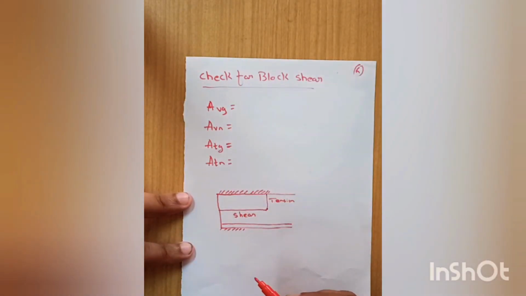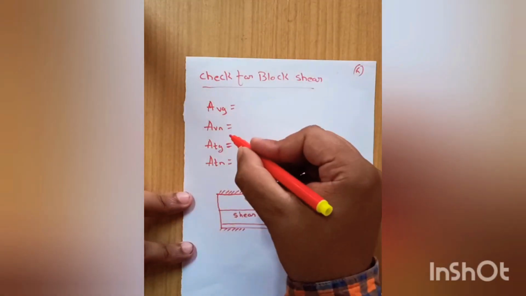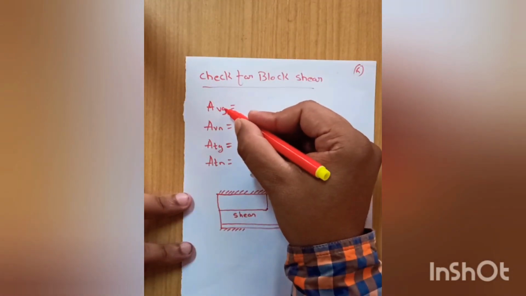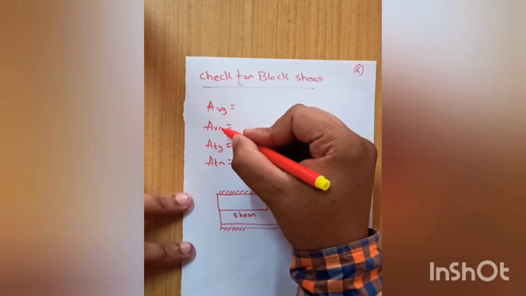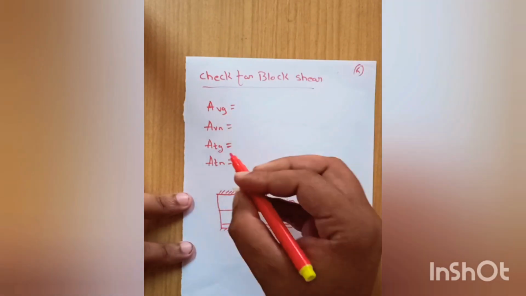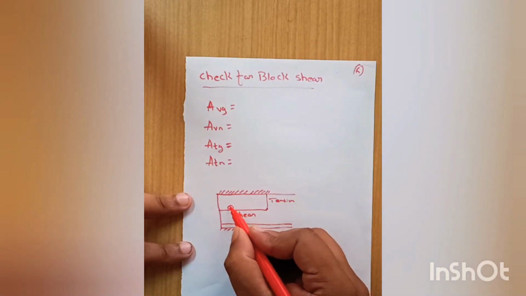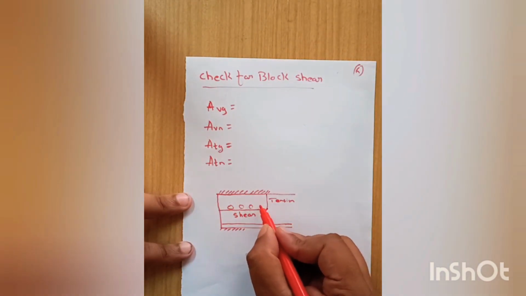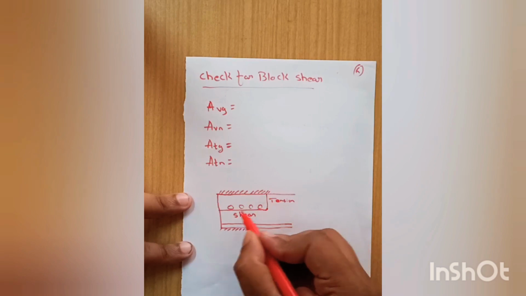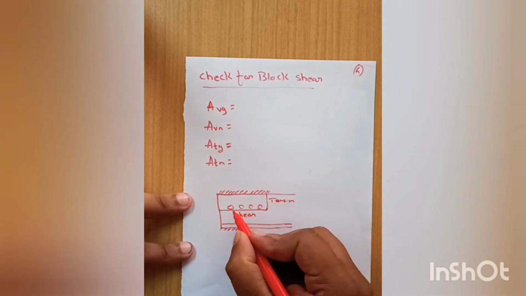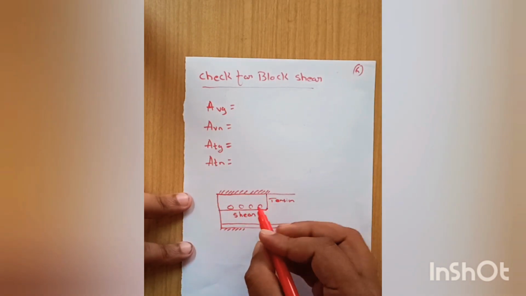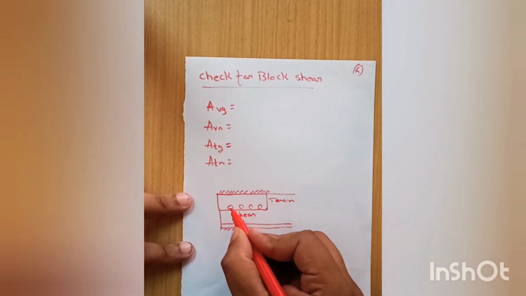Now AVG we need to find. AVG is gross area in shear, AVN is net area in shear. So earlier in bolted connection what we used to do, we used to drill holes. So suppose this much is your area, if you don't drill hole, it will become gross area. If you drill holes, you are cutting some portion of the original plate.